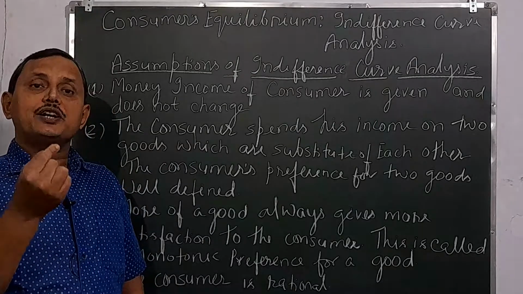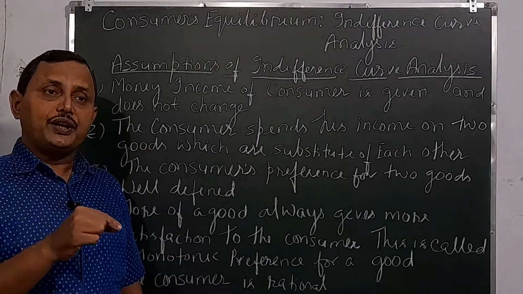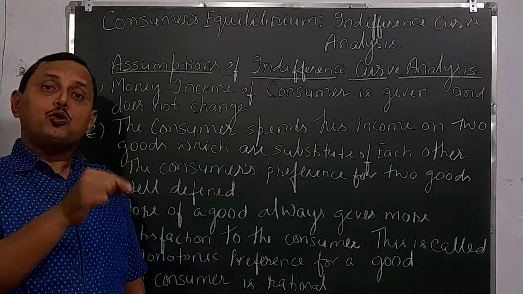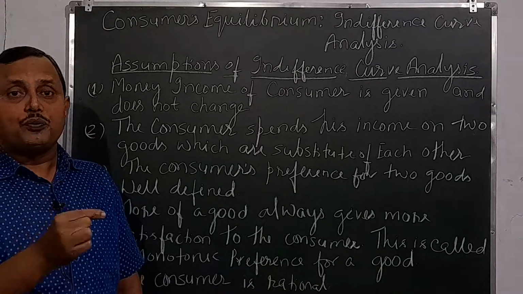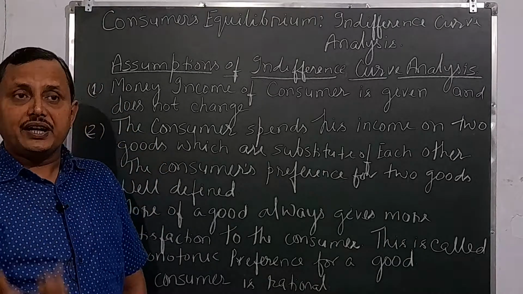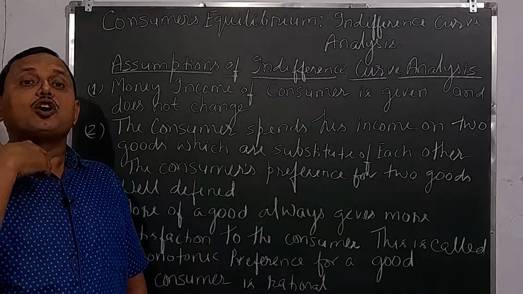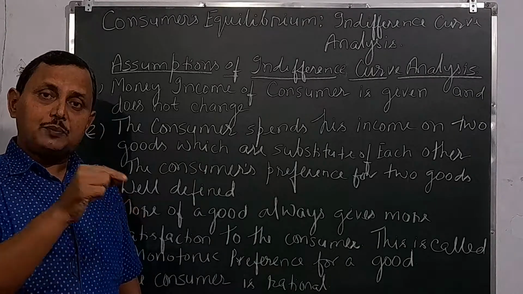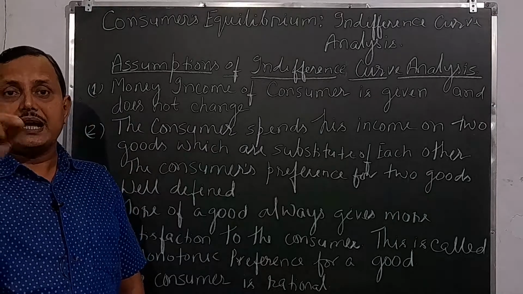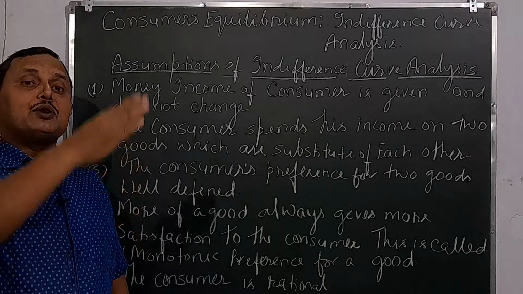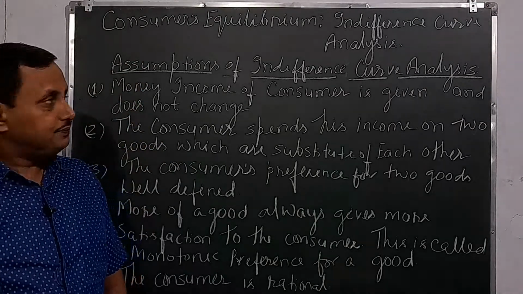Like if a consumer is consuming two goods, tea or coffee, he can say that I like tea more as compared to coffee, or I like coffee more as compared to tea. Similarly, consumer consuming different goods can express his order of preference. So consumer can only rank his preference.